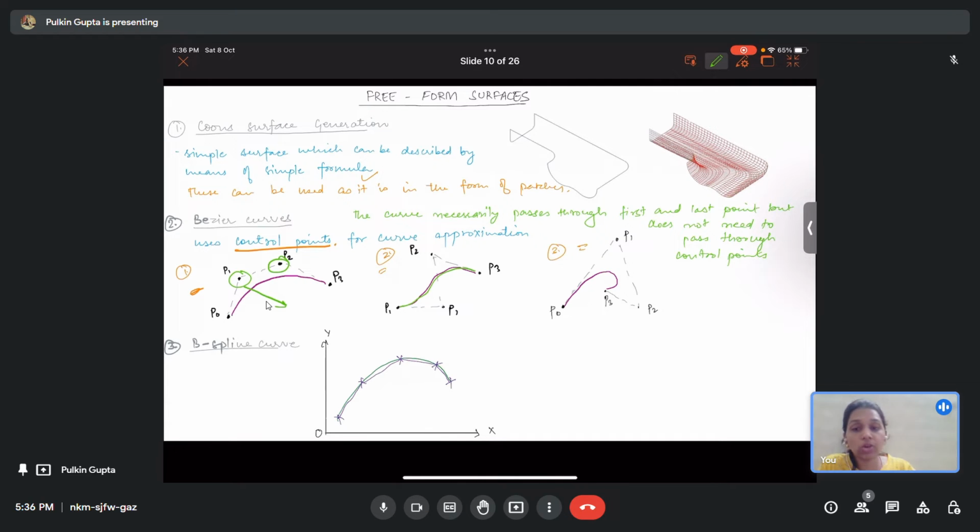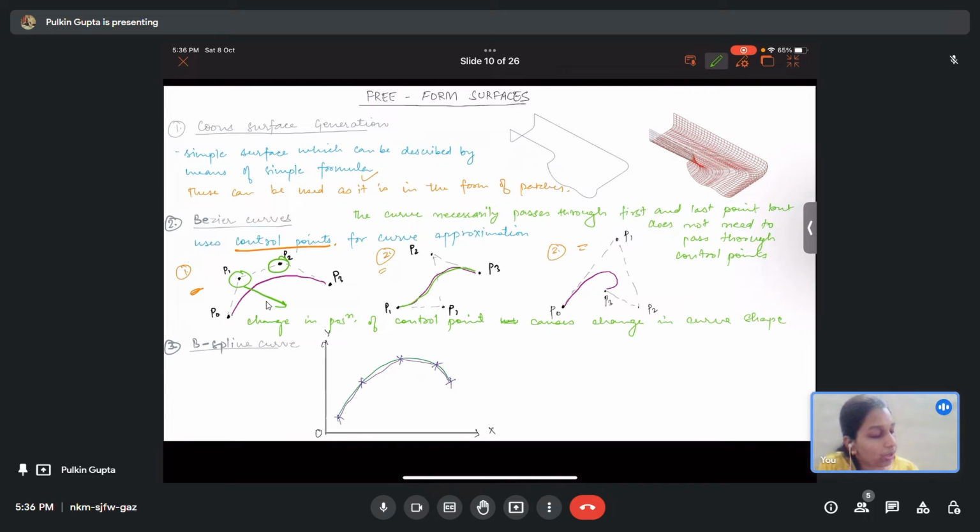So it is because of the change in the position of the control point, which causes change in curve shape.